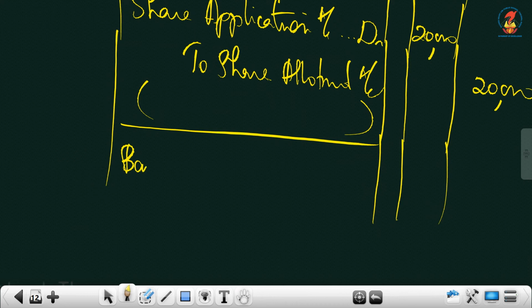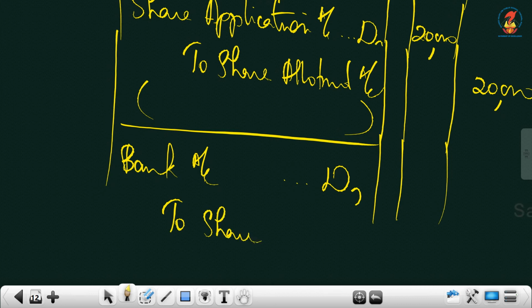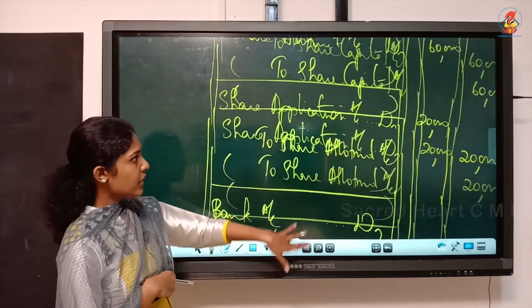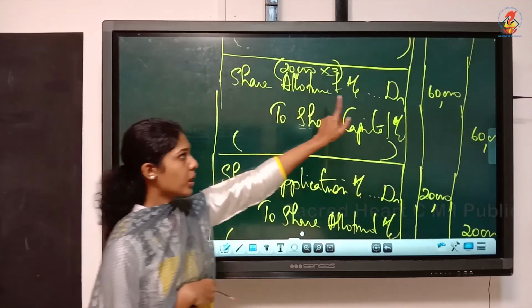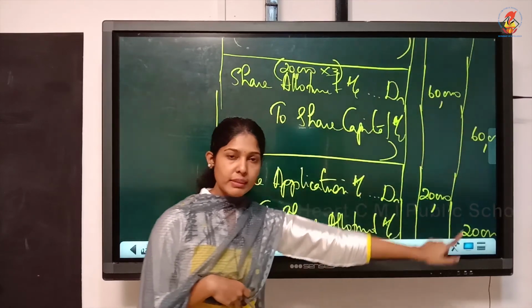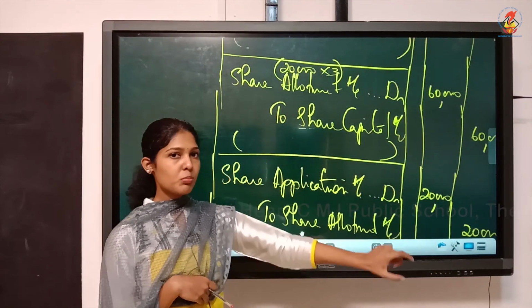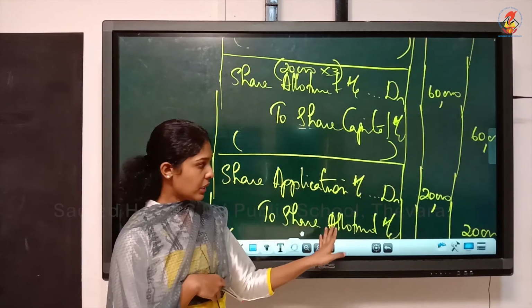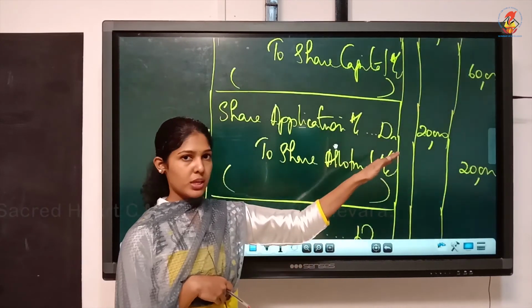Next we will write the receipt entry, that is bank account debtor to share allotment. How will you write the amount for this? Just see your previous entry, that is share allotment due entry. What is the amount? 60. In usual questions you must write 60 here also. But now what is the meaning of this pro rata?